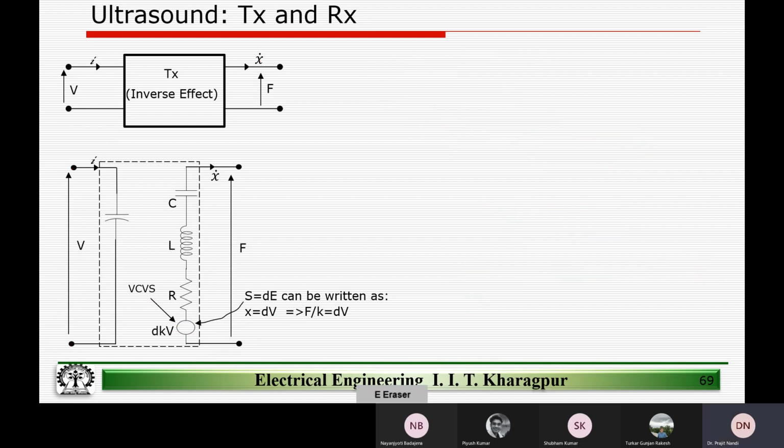This is clear, right? Any questions up to this point? So F is equal to dkV, where d is the piezoelectric constant, k is the equivalent spring constant of the material, and V is the voltage that we are applying.